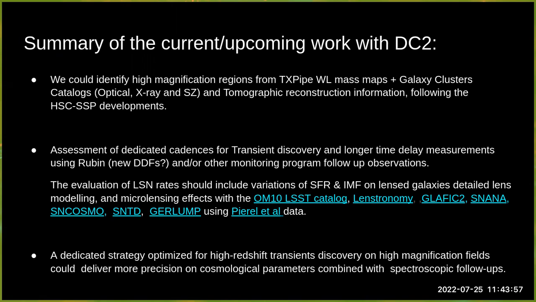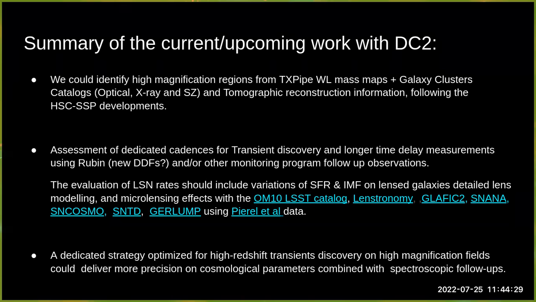Yes, the point is here. I'm suggesting to try to follow up just a few fields. That's the main difference: not to try to cover everything, but just to concentrate on the systems that will provide higher redshift transients.